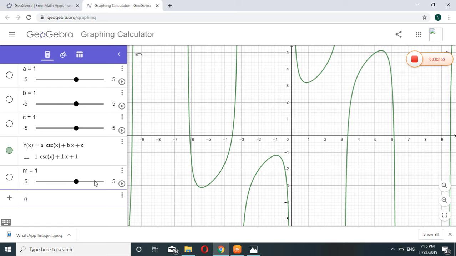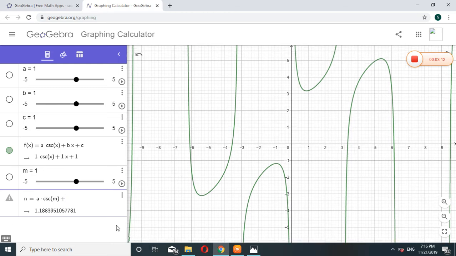Then we write everything in our function. Here you see as m and n will be implemented like this: a multiply cosecant m plus b times m plus c.